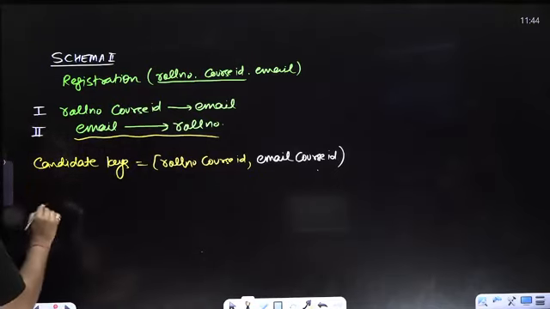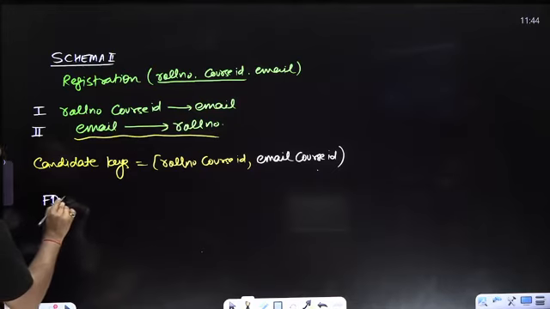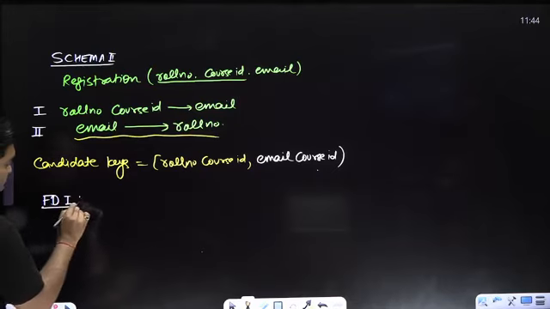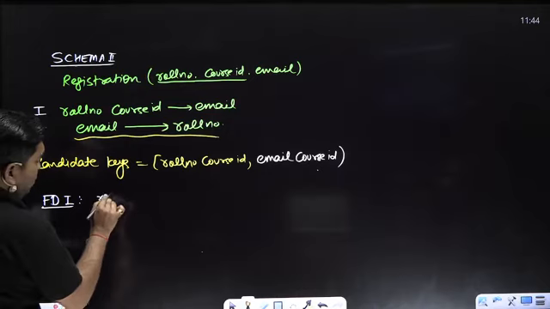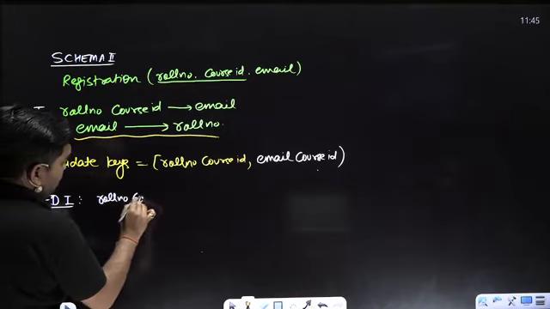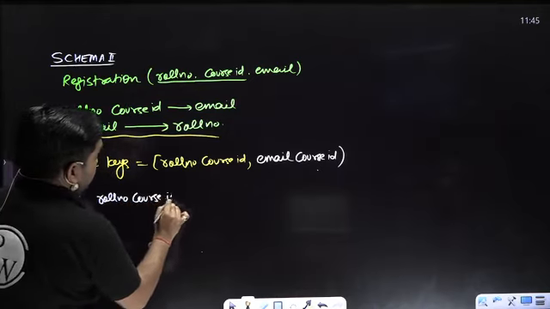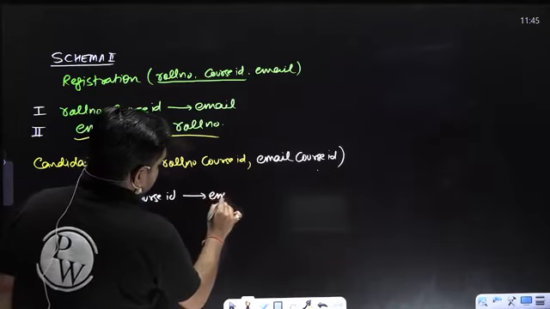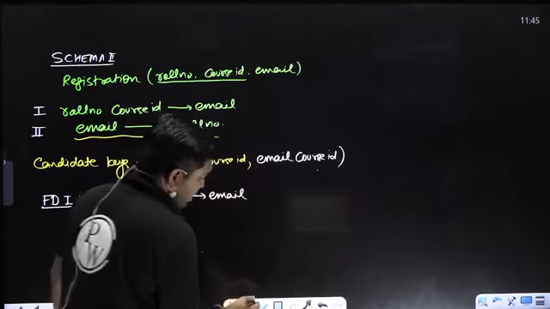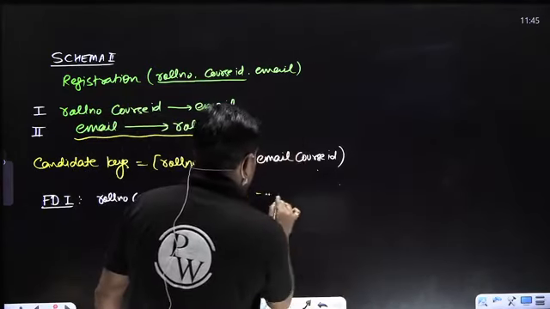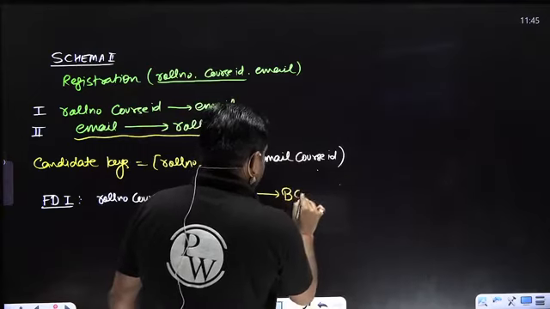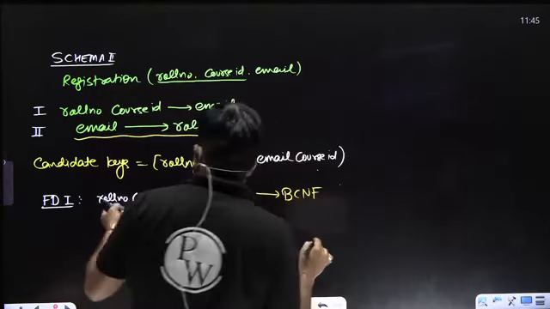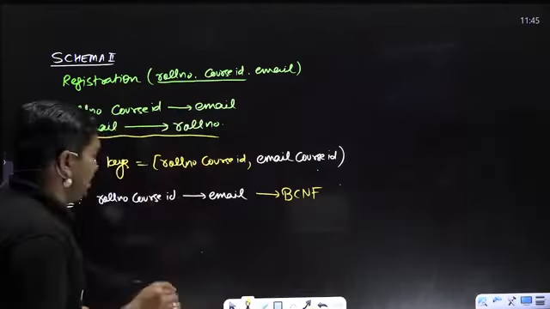So here, FD first: roll number, course ID determine email. That is in BCNF, because here roll number, course ID is the key, my dear.